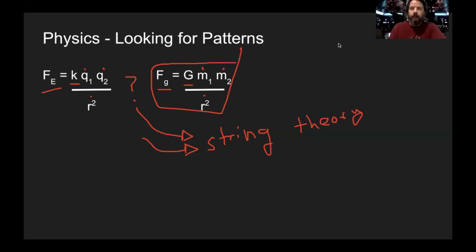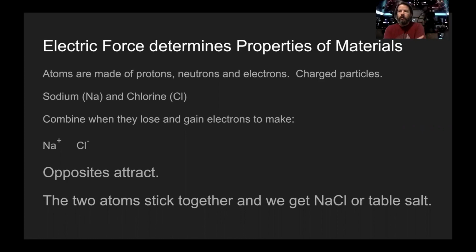All righty. What we've got to understand, and what's really important about this, is the electric force determines the properties of materials, okay? So atoms are made of protons, neutrons, and electrons, which are charged particles. So if we take sodium and chlorine, for example, when they combine, they will lose and gain electrons so that the sodium becomes positive and the chlorine atom becomes negative.